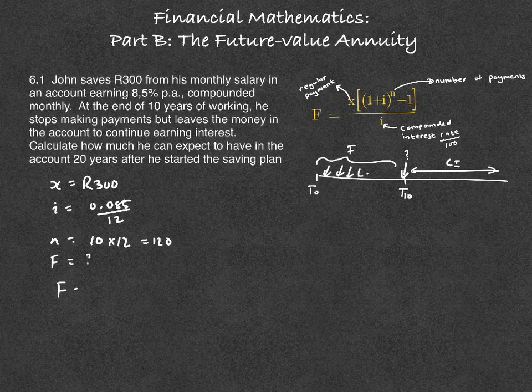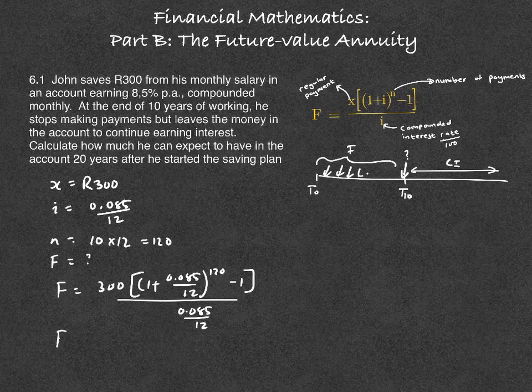So F then is equal to X, so that's 300, and then it is (1 plus I), which is 0.085 over 12, to the power of n, 120, minus 1, over I, and I is equal to 0.085 over 12. So the future value for that first 10 years, he's going to get something like 56,441 rand and 52 cents.